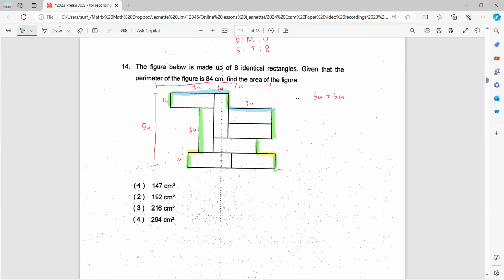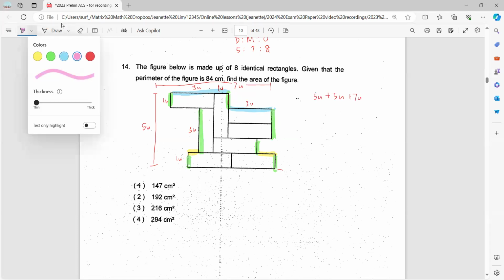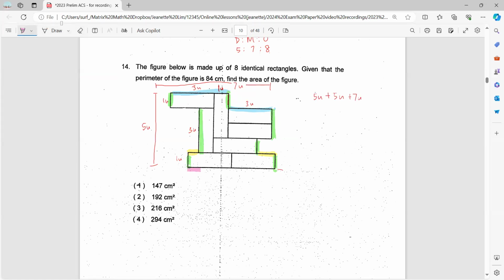Same for the bottom. Okay, maybe we do it like that. The blue one on top is 7 units. Then what else? Bottom here.